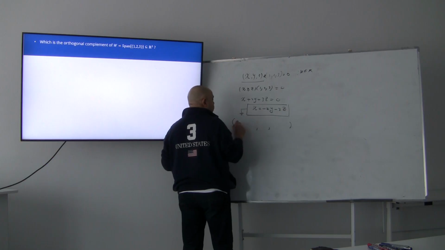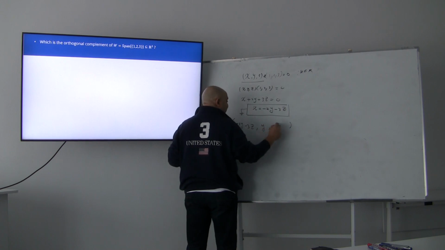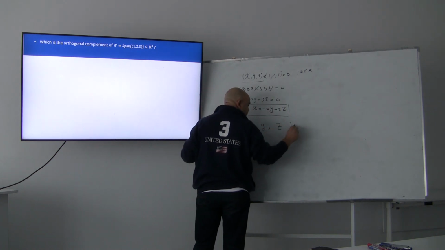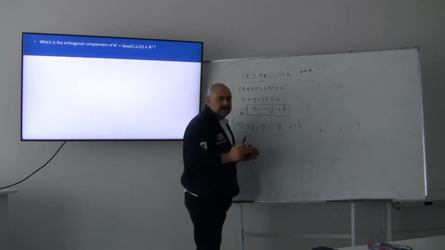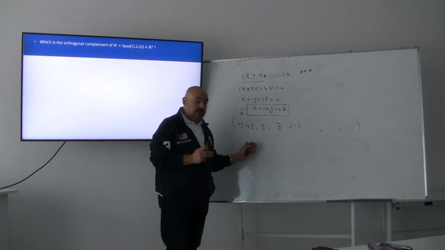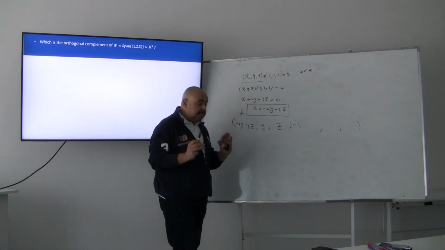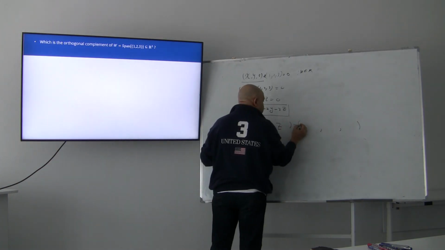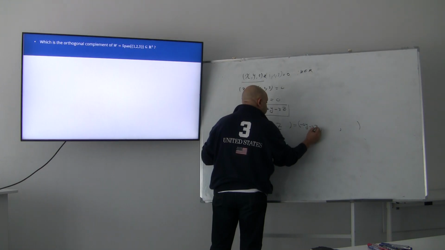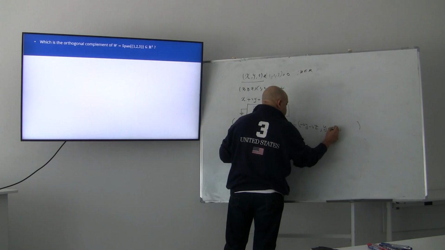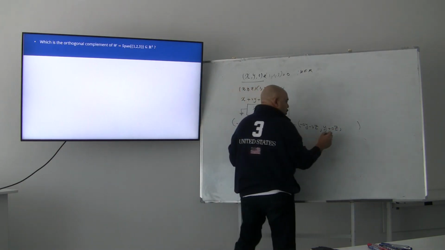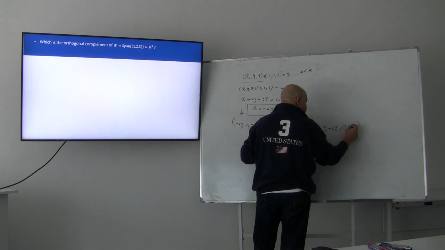Instead of x, I use negative 2y minus 3z; this is y, and that's z. As we did before, we can find the basis of the orthogonal set by writing it this way: the first coordinate is negative 2y minus 3z, the second coordinate is y plus 0 times z, and the last is 0 times y plus z.